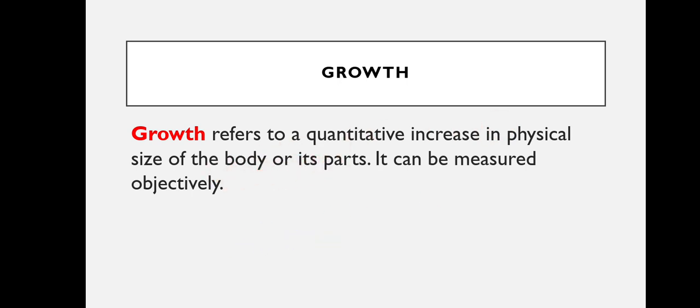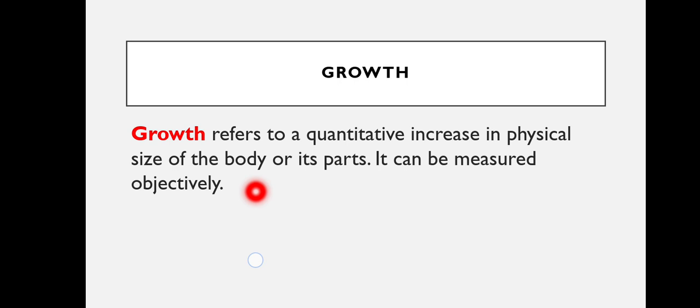Once you just see someone's body, they're able to grow. Maybe you see their head, you see their hand, everything physically that you can see and it's growing. That's what we call growth. Of course, this is not going to give you the precise definition of growth until we compare it with development. That's when you are going to relate it. Okay? So growth can be measured objectively.